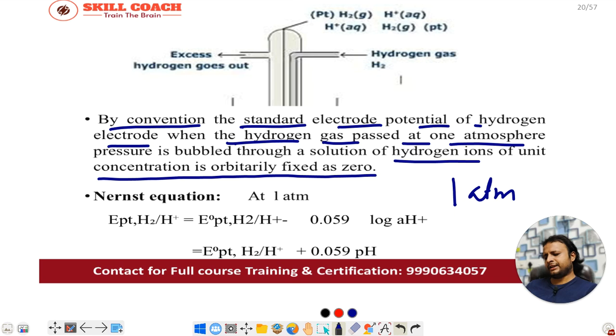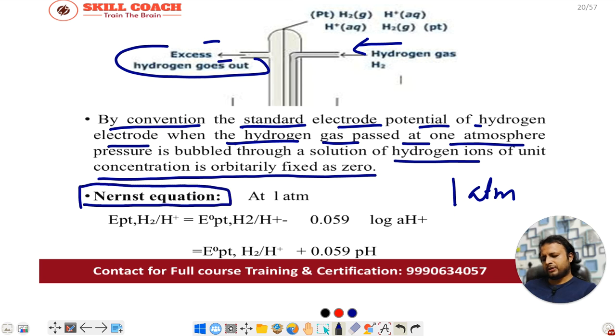We can see here hydrogen gas entering, and excess hydrogen gas going out from this side. We calculate the EMF with the help of the Nernst equation, which you already know about, so we can calculate the right hand side minus the left hand side.